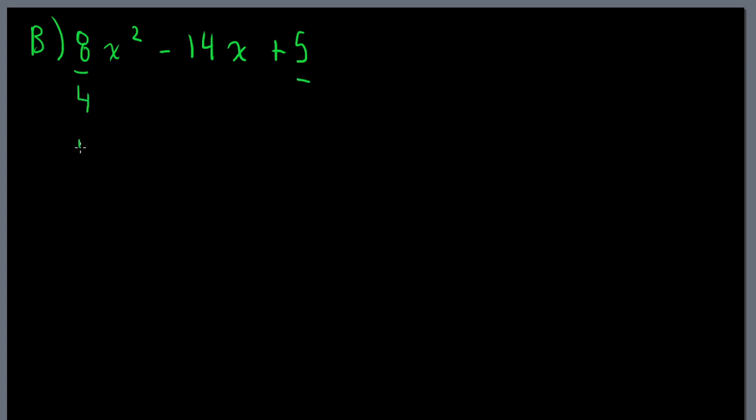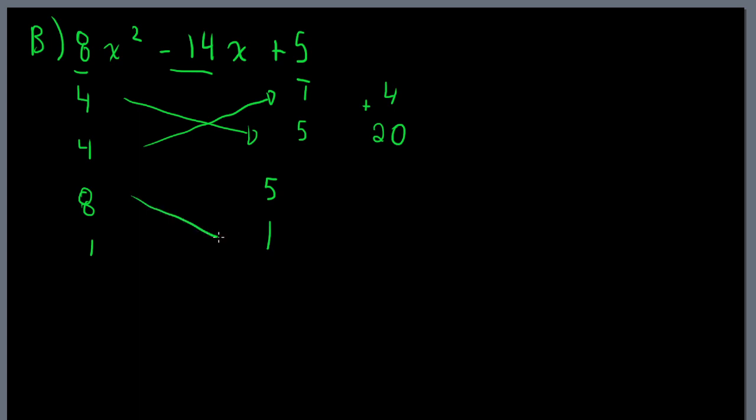We have 4 and 2. This could be 1 and 5. If I cross multiply the diagonals, 4 times 5 is 20, 2 times 1 is 2. Does the sum of these two equal minus 14? No. How about if I go 8 and 1, and I go 5 and 1, and I multiply the diagonals?